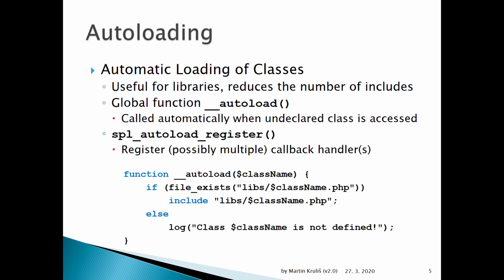So for instance, if we have a convention that every class is bundled in its own file, which has the same name as the class, only with the PHP extension, the very simple code that would accomplish this would look something like this. It will check that the file with the class name exists, and if it does, it will include the file. Otherwise it will trigger or log some sort of error.